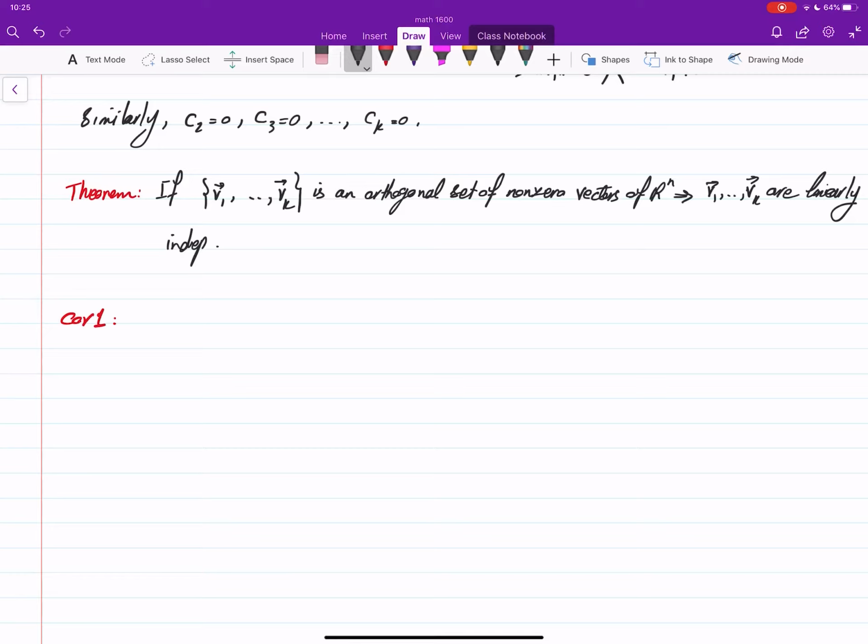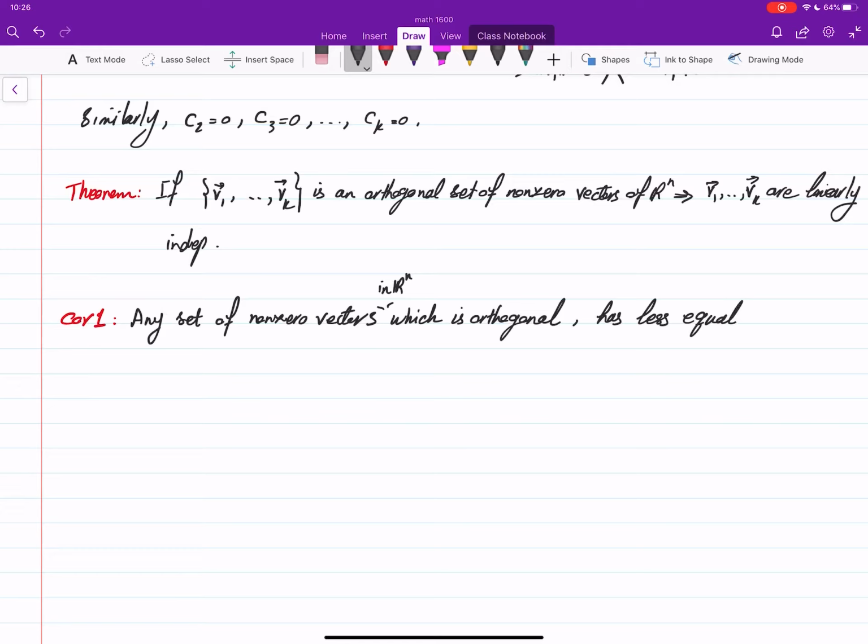So this means that any set of non-zero orthogonal vectors in Rn has less than or equal to n vectors.